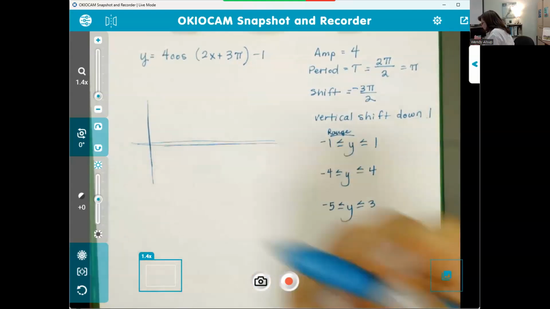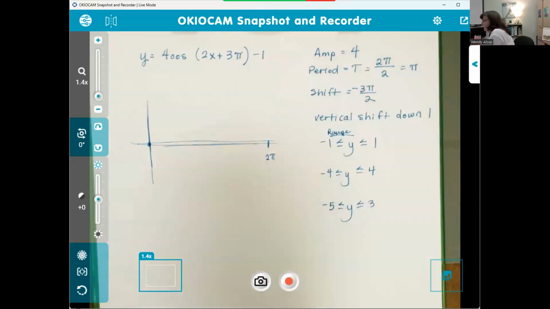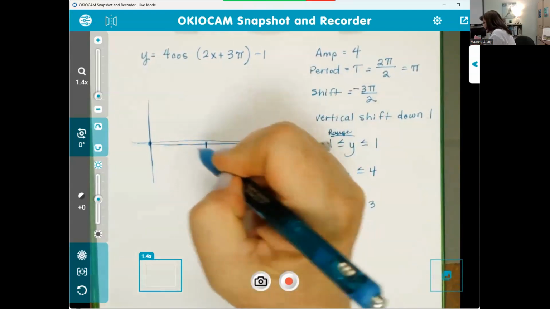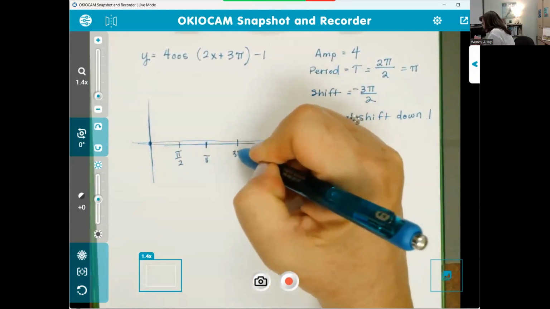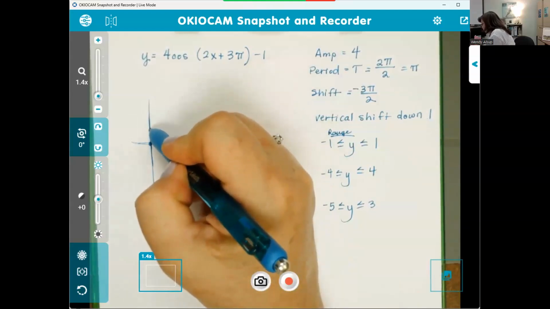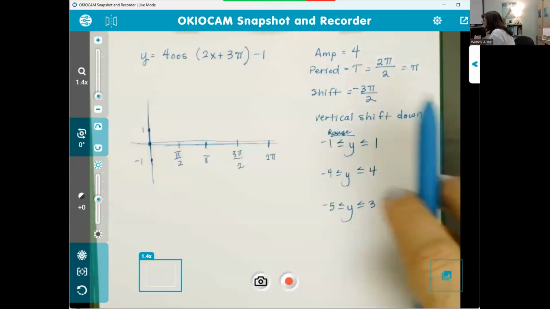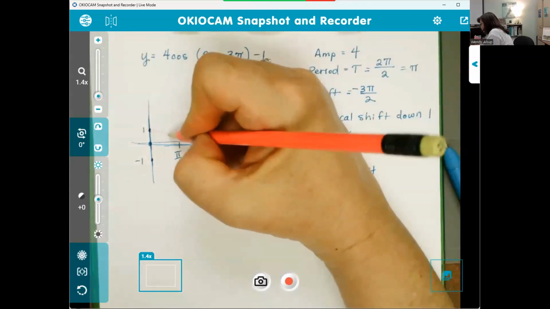Remember that for your normal cosine, you've got 0 over here and 2 pi over here. Normal cosine, that would be pi. Here would be pi over 2, and here would be 3 pi over 2. So normal cosine is going to start at 1, and it's normally going to go like this.